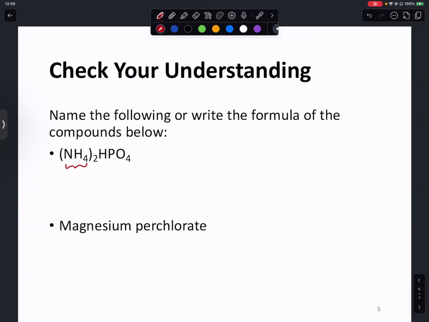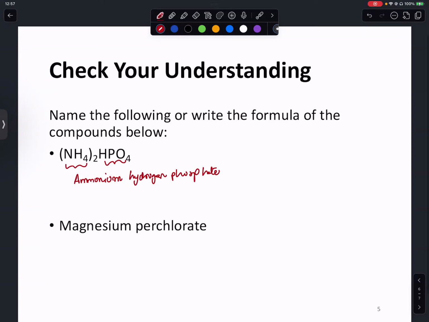For the first part, we're going to start with the cation, and here it is ammonium. And we'll move on to the anion, which is the hydrogen phosphate. So it becomes ammonium hydrogen phosphate.